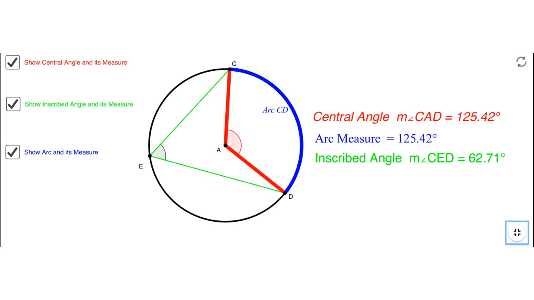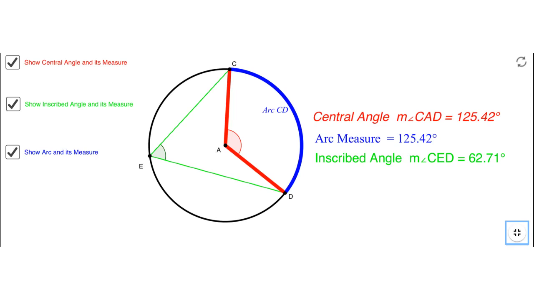Listening to me explain it probably sounds like a lot, but if you look at the number logic of it, it's not that bad. Central angle: exact same as the intercepted arc. Inscribed angle: half of whatever the degree is of your intercepted arc. That's all there is to it.